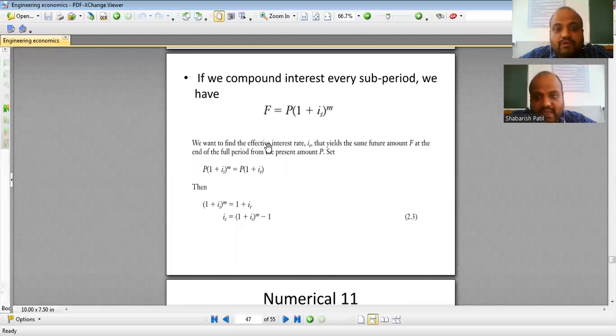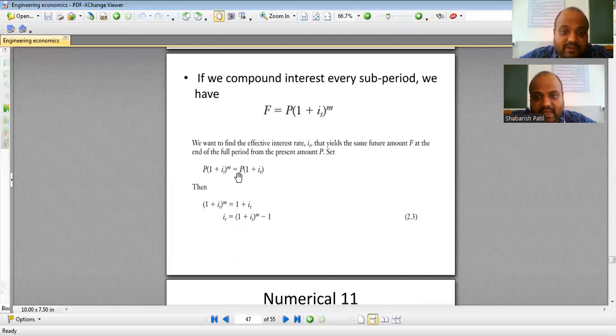And then we want to find the effective interest, that is, the same future amount f at the end of the full period from the present amount p. So that now this future value p into (1 plus is) raised to m is also equal to p multiplied by (1 plus i) raised to e.